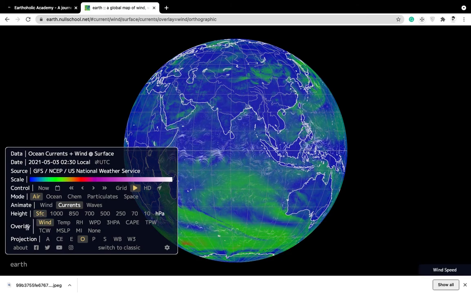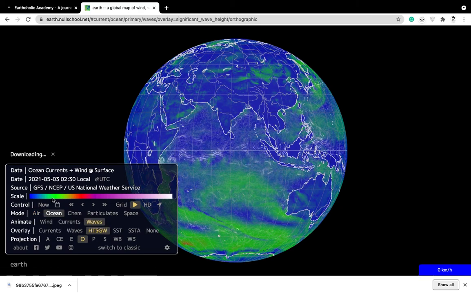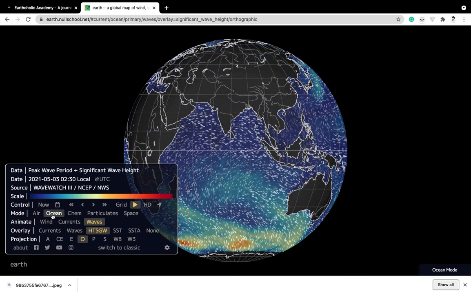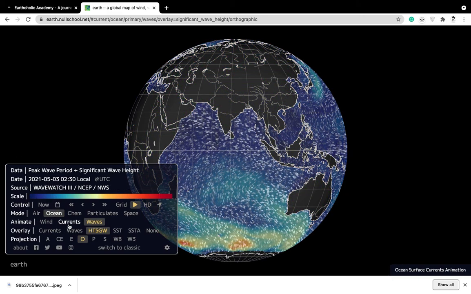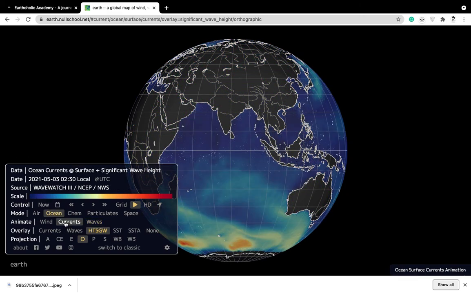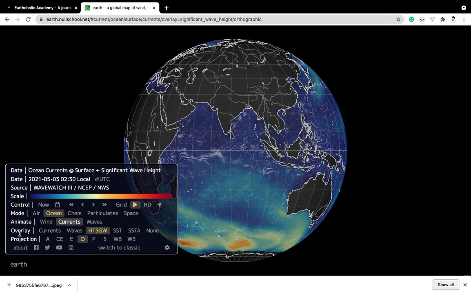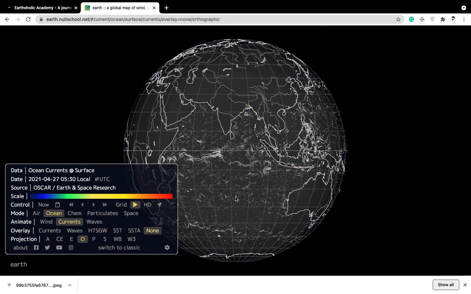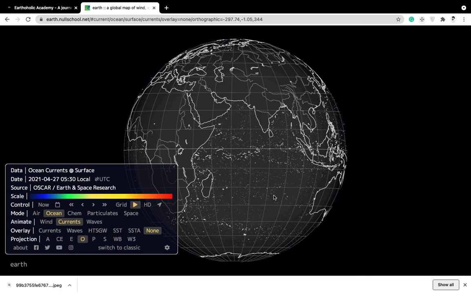Height is surface, and overlay with ocean. Set the mode to ocean. So this mode is ocean. Now we have oceans. Animate current, and overlay with say none. Yeah. So this is the real time current.